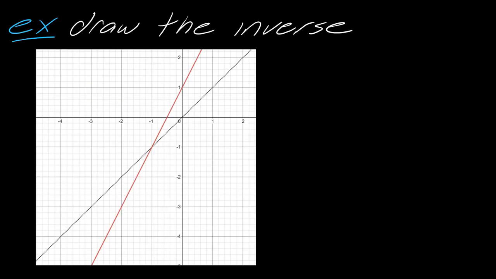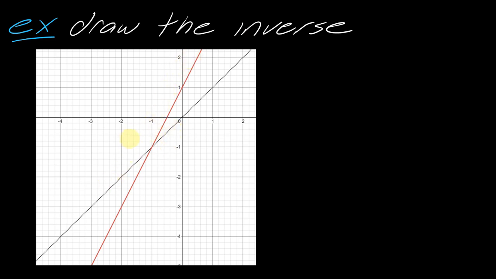I have just one more example here to bring this home for us. I want to draw the inverse of this graph here. So what would that look like? I think you really have to take this in pieces.